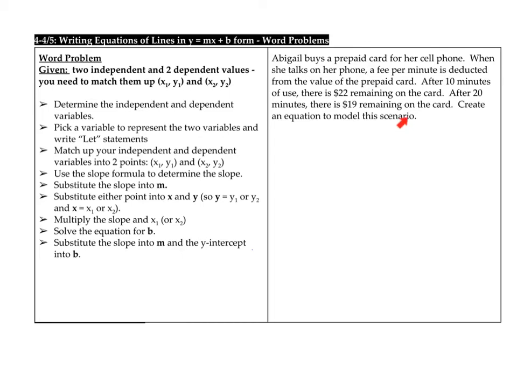So, as with all questions, in order to make the equation of a line, you need two things. You need to know what the slope is, or rate of change, and you need to know what the y-intercept is, or the initial value. Now, in these questions, there's always going to be two variables.